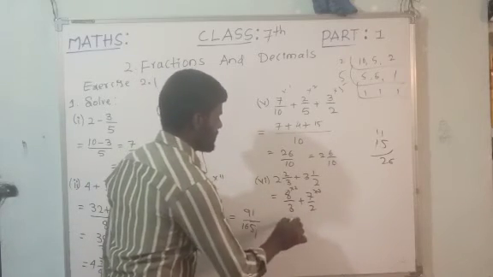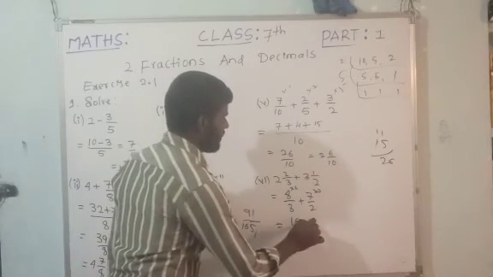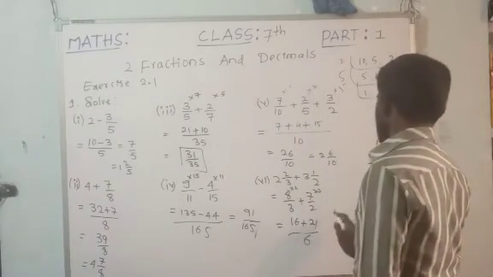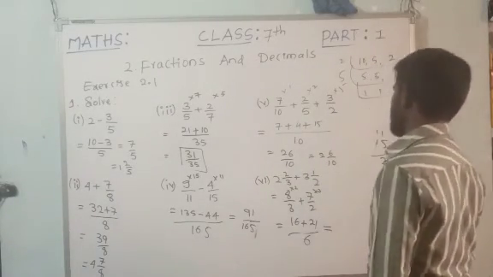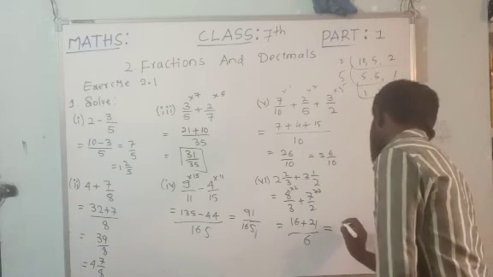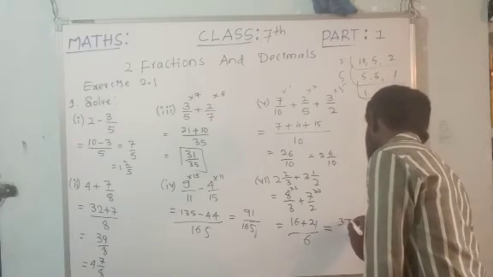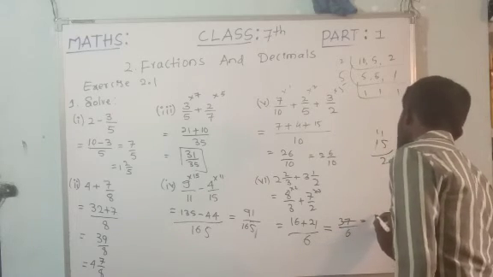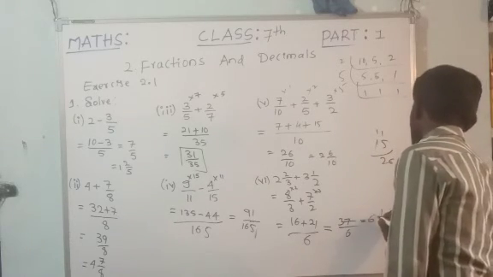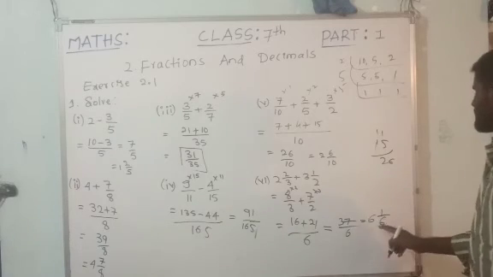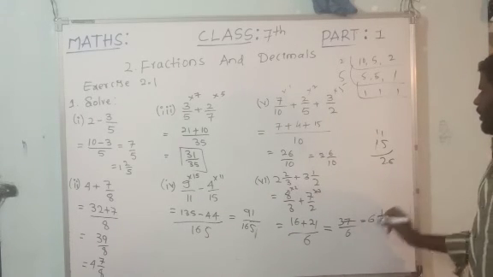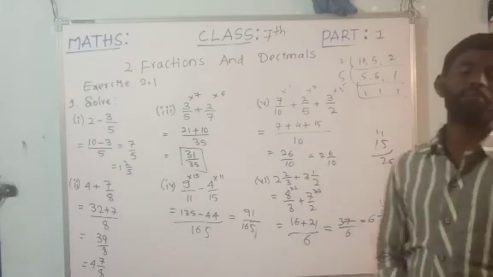That's why 8 2s are 16 plus 7 3s are 21, all divided by 6. Then 21 plus 16 is 37. 37 divided by 6, I can keep this as 6 whole 1 by 6, because 6 6s are 36, 36 plus 1, 37 by 6. Okay, that completes your question number 6.